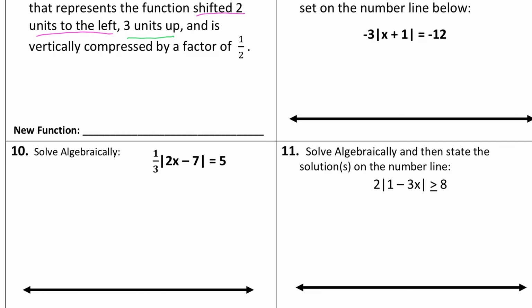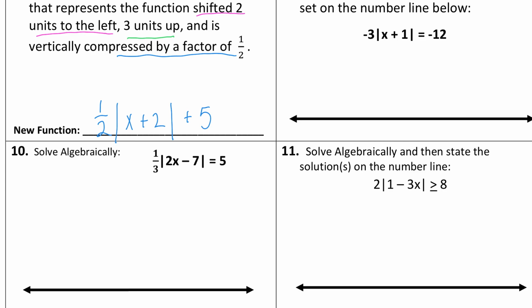And then it says vertically compressed by a factor of 1/2, and so that's going to just go at the front here. And so your new function would be 1/2 absolute value x plus 2, and then +2 + 3 would be that +5.